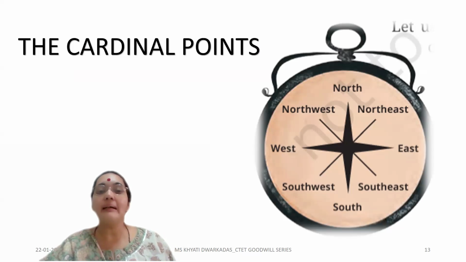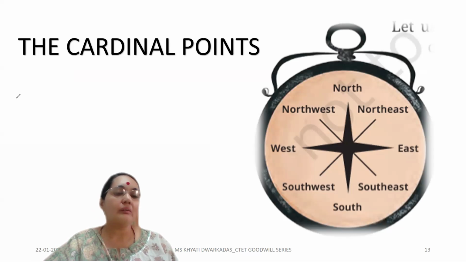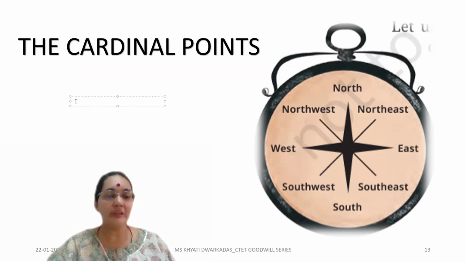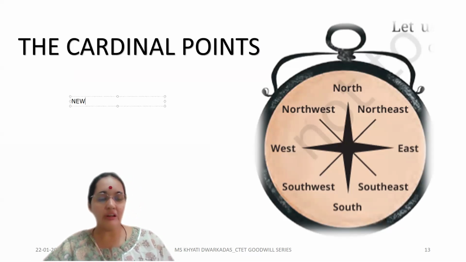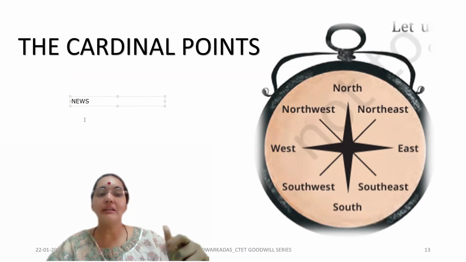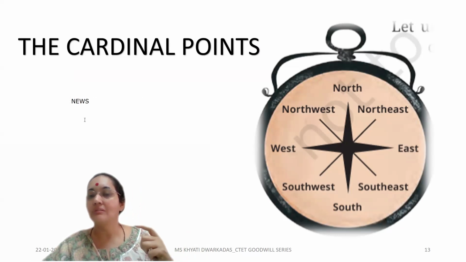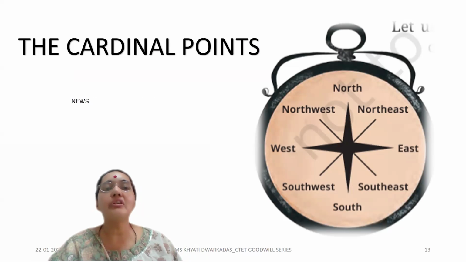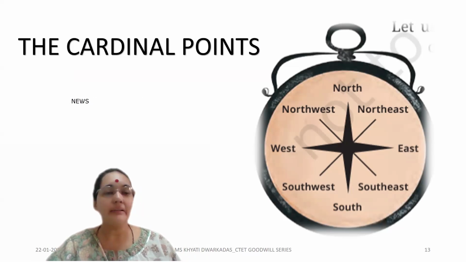A simple way to remember them would be an acronym, and we would call it news. North, east, west, south. News. That's the simplest acronym you could use to remember the 4 cardinal directions.